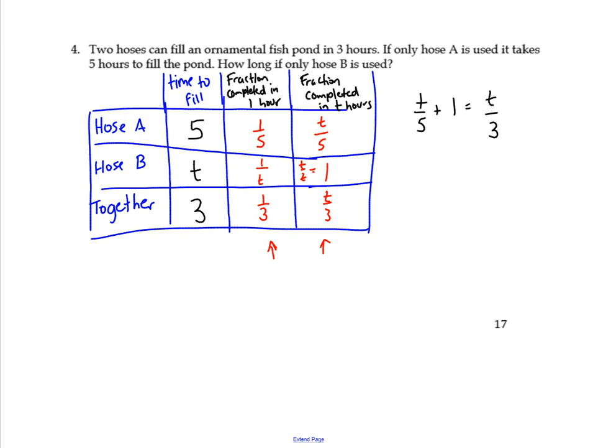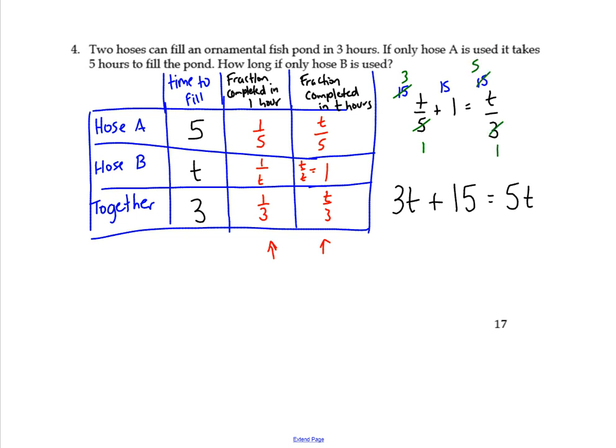Okay, what are we going to multiply everybody by? 15. The equations are pretty easy to solve once you have them set up. What's 15 times t over 5? 3t, since we can reduce to 3 over 1. Plus 15 times 1, 15, equals, what's 15 times t over 3? 5t. We can divide both of those by 3.